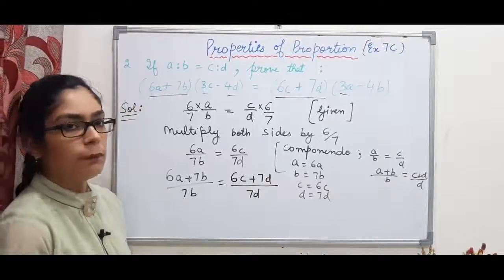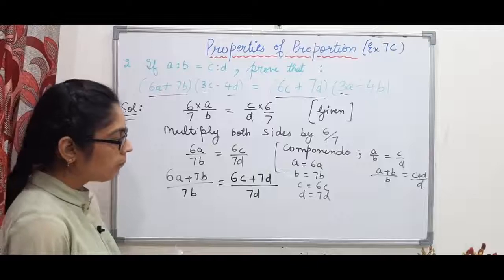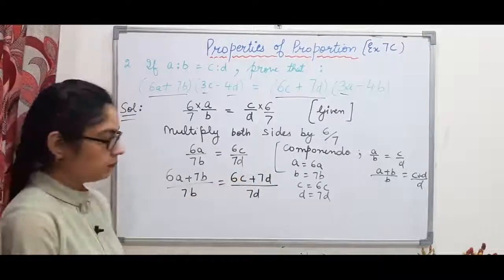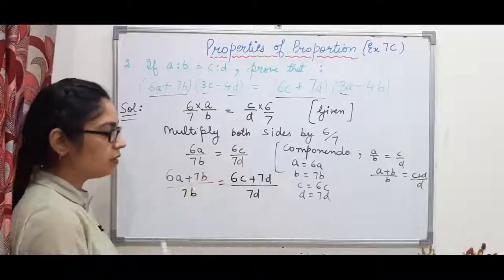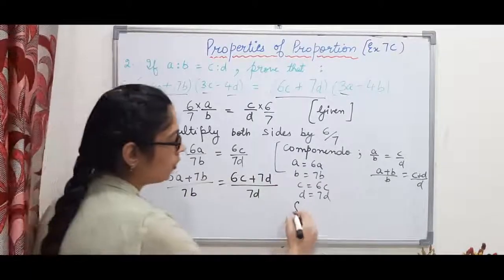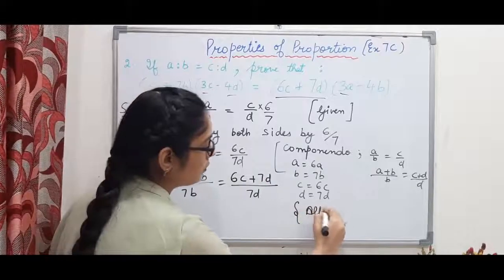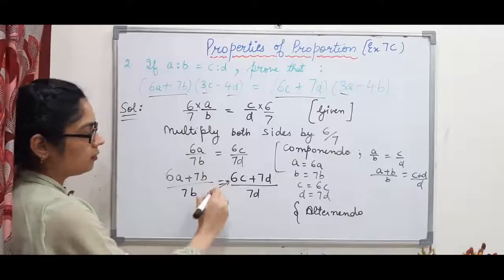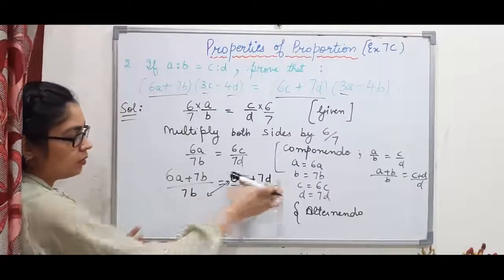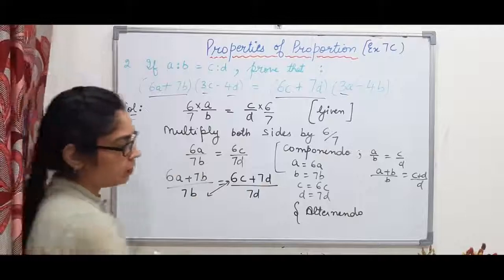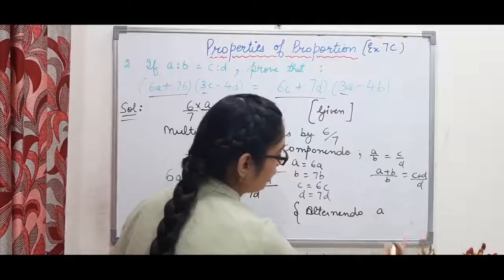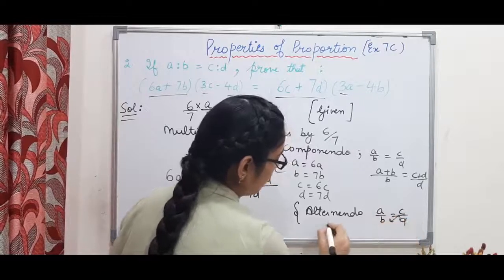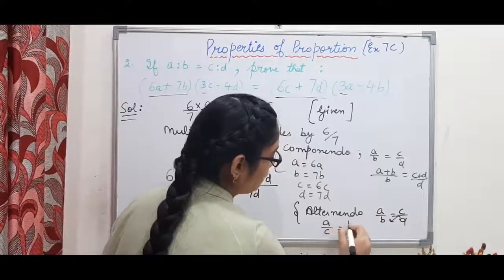So now here one more property we have to apply. Why? Let's write these two terms together, because these are in the form of addition. So here let's apply alternando also. Alternando means the position of these two numbers I have to interchange. According to alternando, if a by b is equal to c by d, then a by c will be equal to b by d.